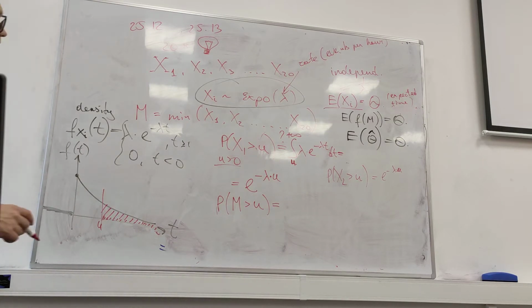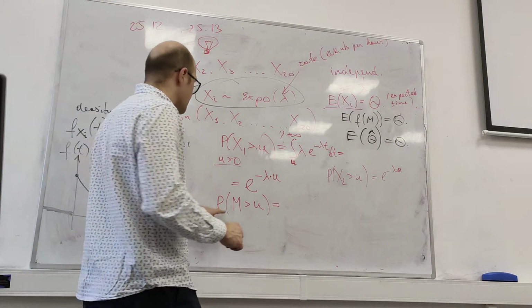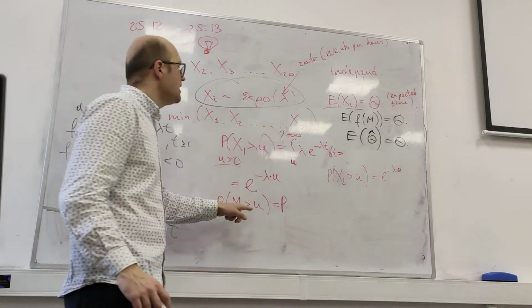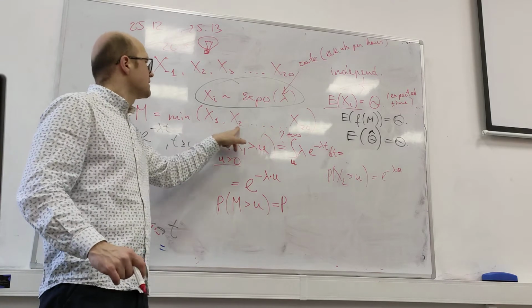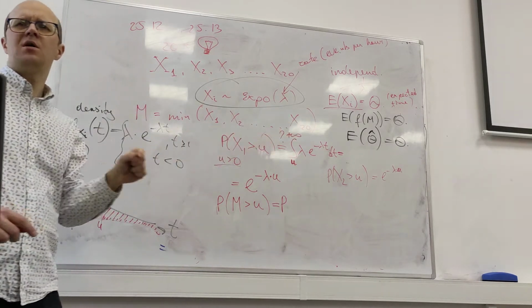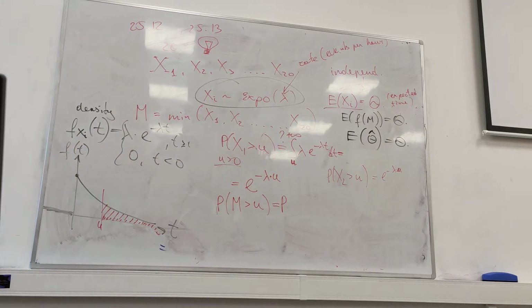If the minimum is greater than u, then each x is greater than u. If the smallest x is greater than u, then that means every x is greater than u.